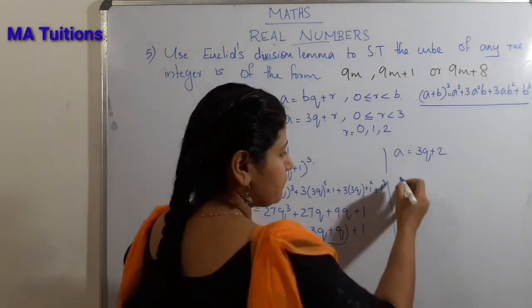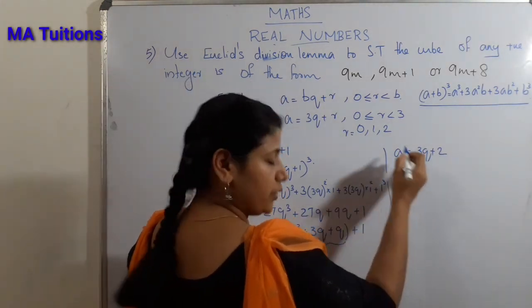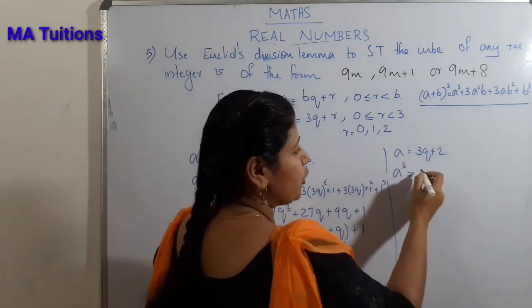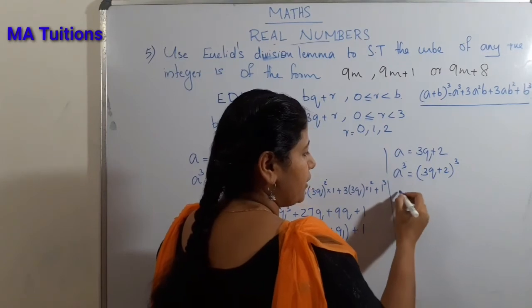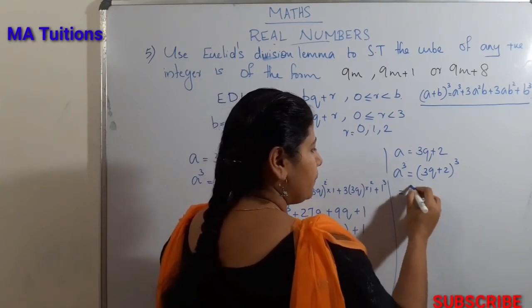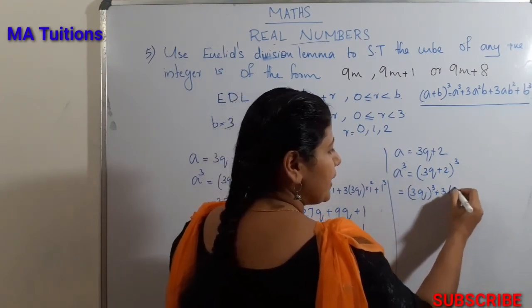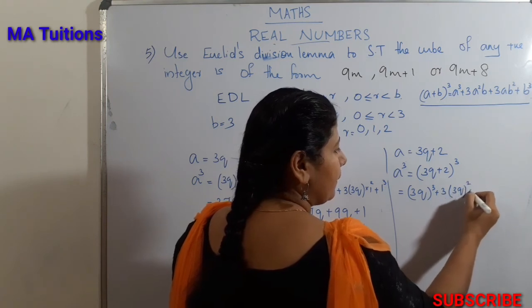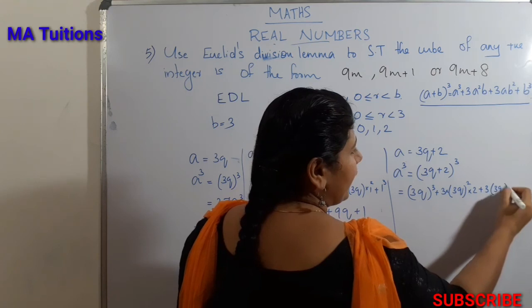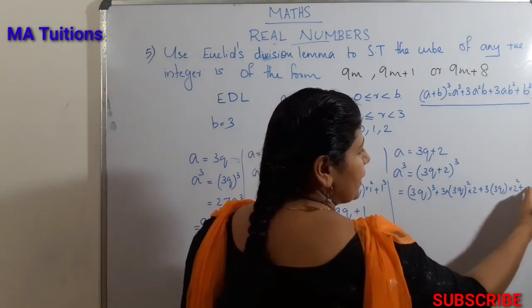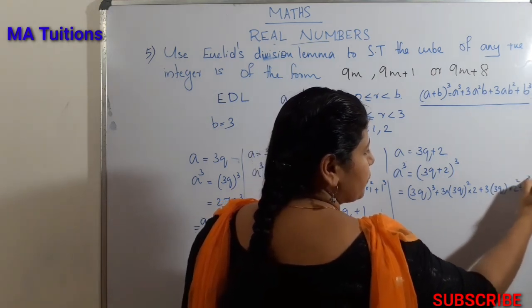For this, here we want to find out the cube of these terms. A cube equal 3q plus 2 whole raised to 3. So a cube plus 3a square b plus 3ab square plus b cube. B means 2.